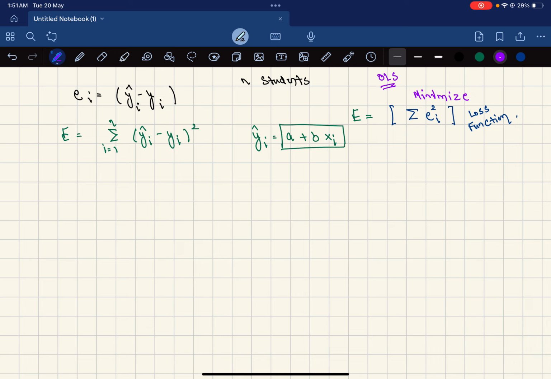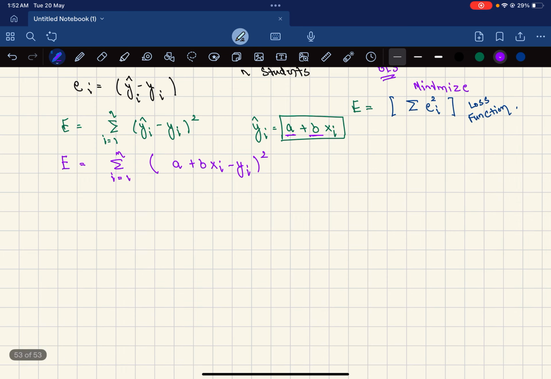So note that we still don't know a and b, which is our aim here. These are the parameters which we need to find as the best fit line. Once we get that, we'll get the equation for the best fit line as a plus bx. Now in the error term, we can replace y hat i by a plus b xi minus yi whole square.